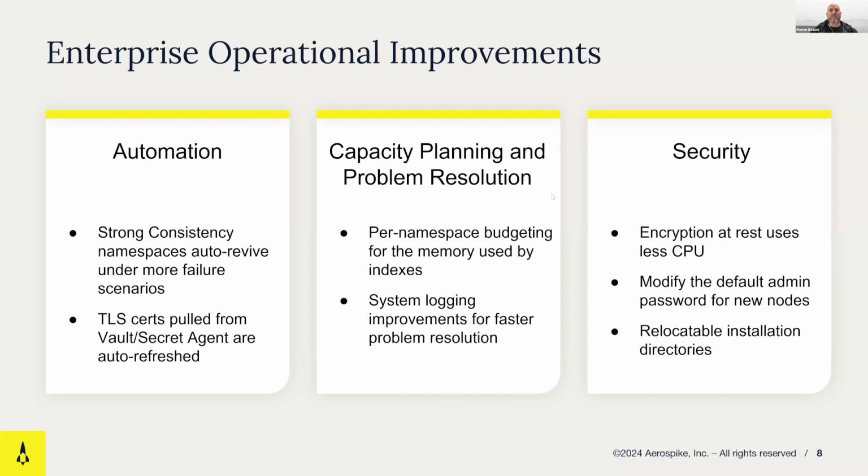You can store it in an environment variable, or you can have Aerospike fetch it from a secret management service like AWS Secrets Manager or Google's GCP Secret Manager or whatever, right? There are different services out there, or Vault even, and we have the secret agent that the server interfaces with in order to go ahead and fetch those.